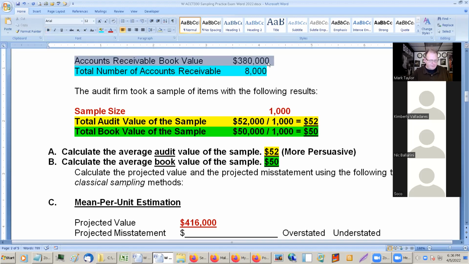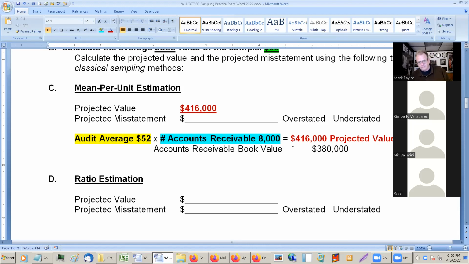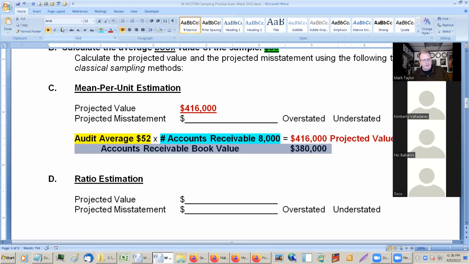Yeah, the 380. So the book value is 380,000. So the projected misstatement will be 36,000.